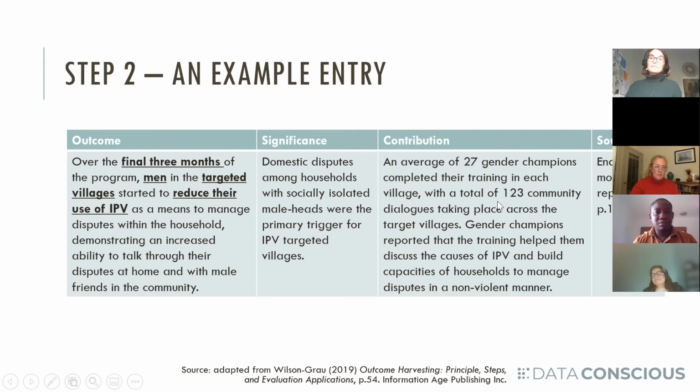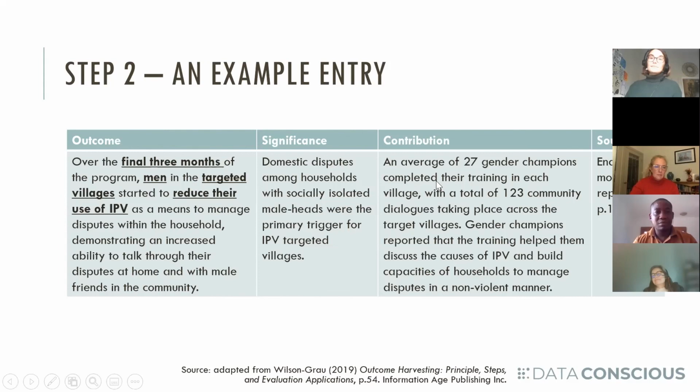And the champions themselves said that the training that your program did helped them to discuss causes of IPV, build capacity of households to manage disputes in a non-violent manner, right? So what we've got here is a bringing together of what you probably get from discussions with gender champions and monitoring reports, a combination of different things that explains how your project helped to bring about this outcome.